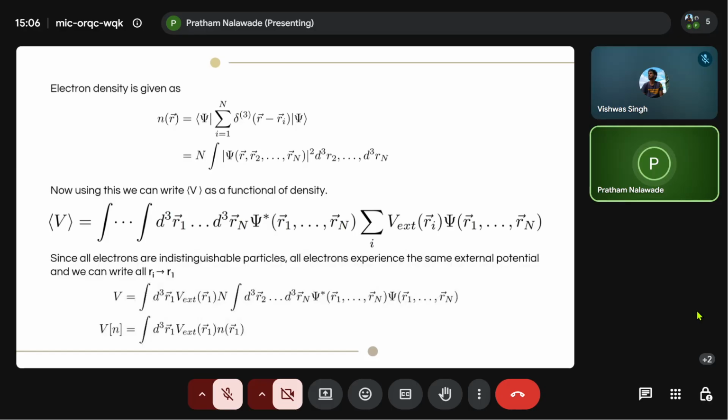Since my electrons are indistinguishable, all these Ri's are redundant variables. I can choose R1 and operate my V external there, and then again choose my other R1 and do it separately. I don't need the information of all Ri's at once.